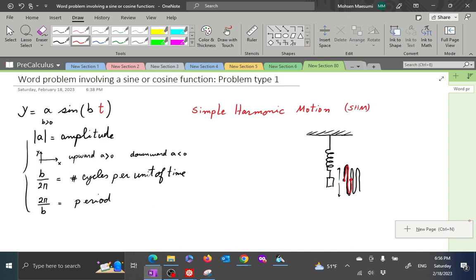Sometimes this is called simple harmonic oscillation, so SHO instead of SHM. We are looking at the ideal case where there is no friction or damping, so the amplitude doesn't go down; it just stays as a perfect wave forever.